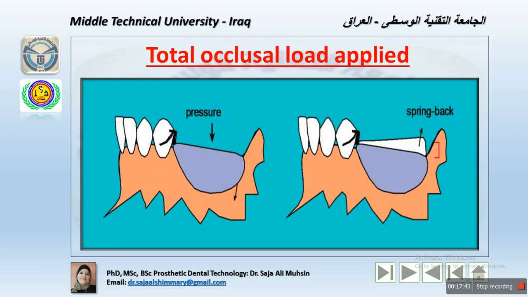Given this, the support from the residual ridge should be optimized and shared appropriately with the remaining natural dentition. So the support is a mucosa and bone borne design, and the natural dentition will share the load as well.